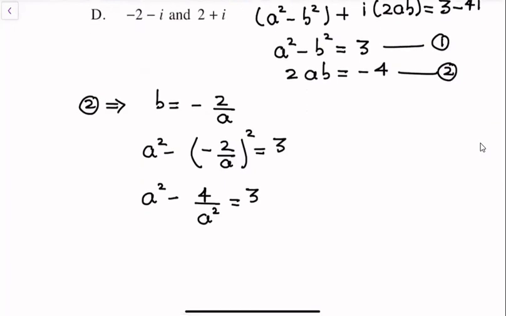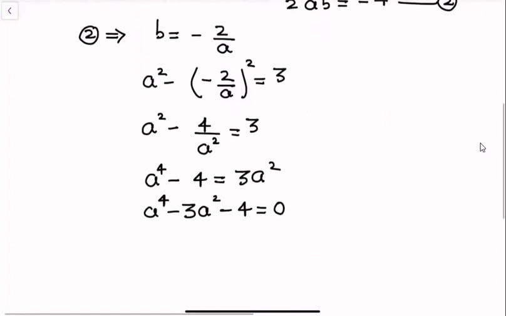If you multiply throughout by a square, a to the power 4 minus 4 is equal to 3a square. Then a to the power 4 minus 3a square minus 4 is equal to 0.